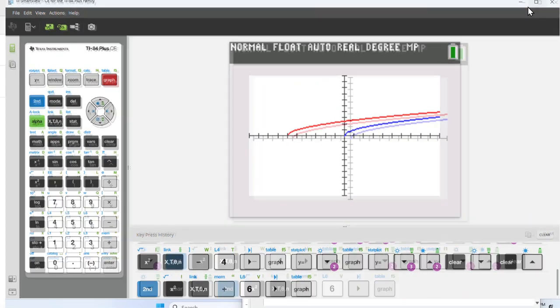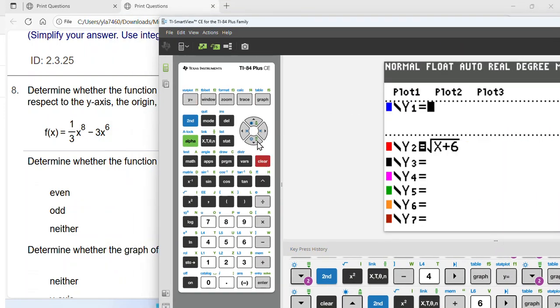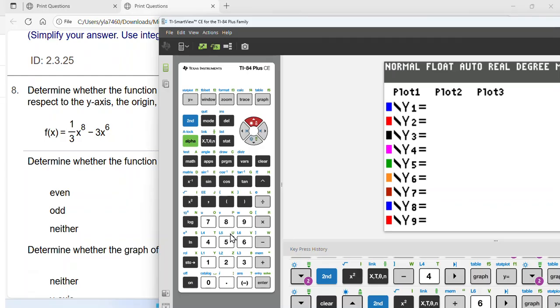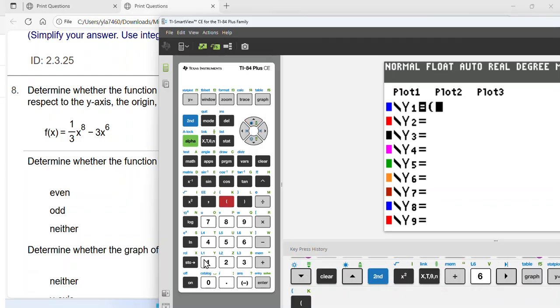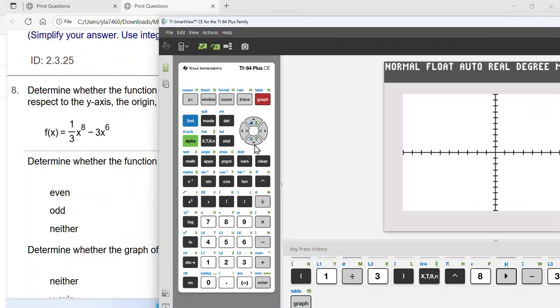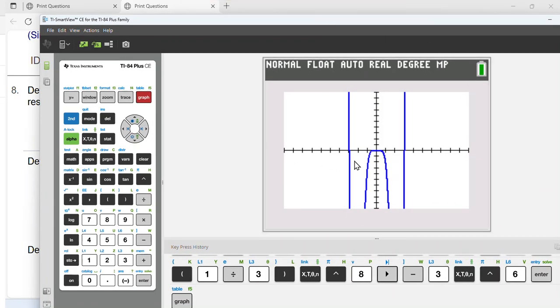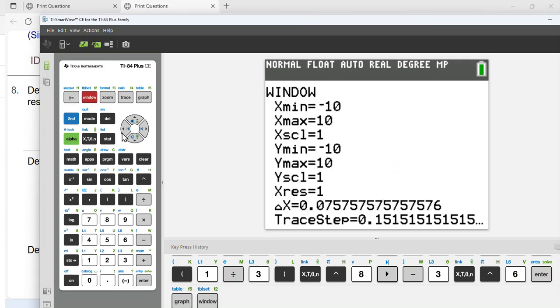All right, so I have 1 over 3 x to the 8 power, minus 3x to the 6 power. We'll just graph them. Okay, you can see this one. I can adjust this a little bit bigger. All right, so this one, it is symmetric with the y-axis.